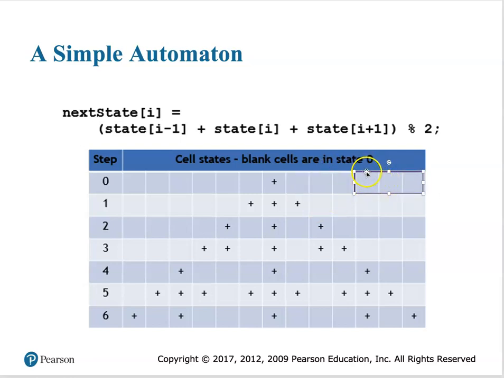We get to here, where i is state.length minus 1. So we're still less than state.length. We have left, we have center. Right is greater than the edge of the array. So this empty cell is 0. 0 plus 0 plus 0 is 0.